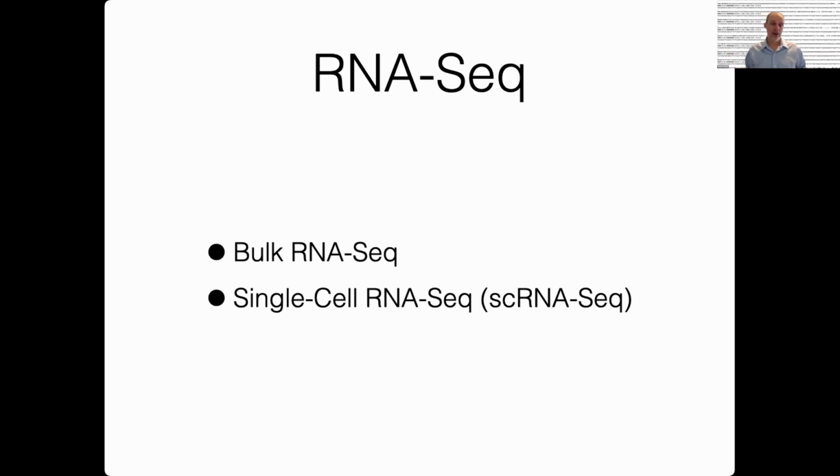So you're not treating the sample as a mix, you're treating it as individual cells. There are some big benefits of doing that, but as I'll talk about next week, there are also some negatives. So there are places for both bulk RNA-seq and single-cell RNA-seq.